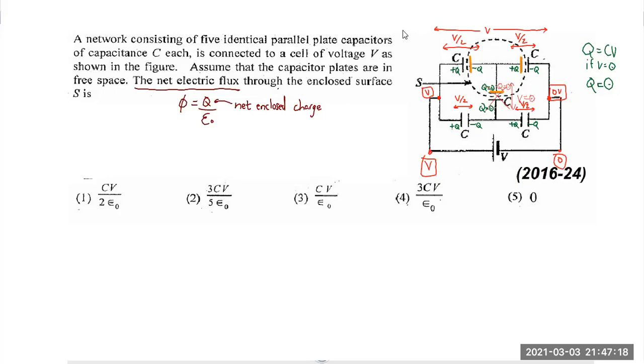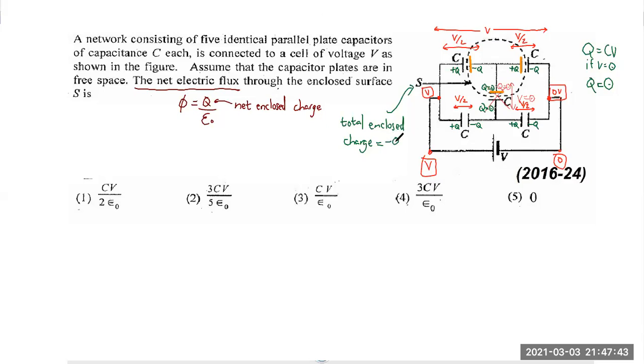Okay, now tell me, what is the total enclosed charge in S? What is the total enclosed charge within that Gaussian surface? It will be 0.